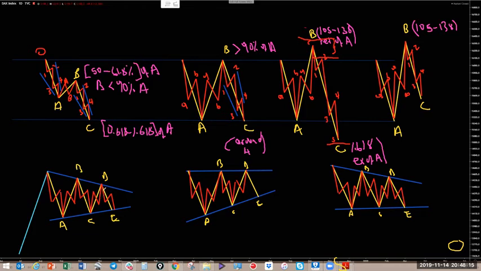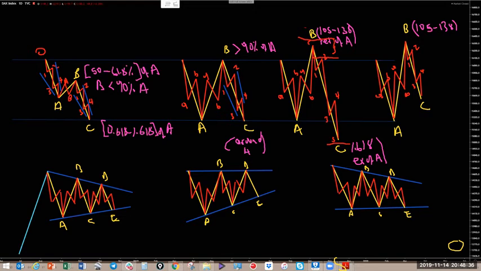But if there is more than one impulsive wave, then you disqualify the triangle, and it's no longer a triangle. Okay, that's the rule on bullet number 7. Let's go to the next one.